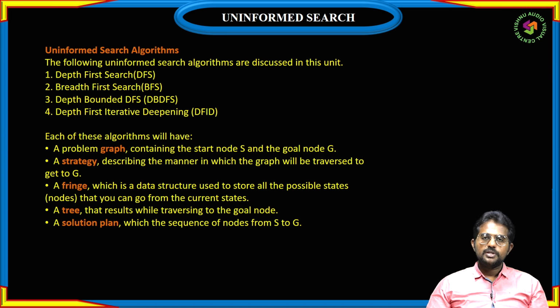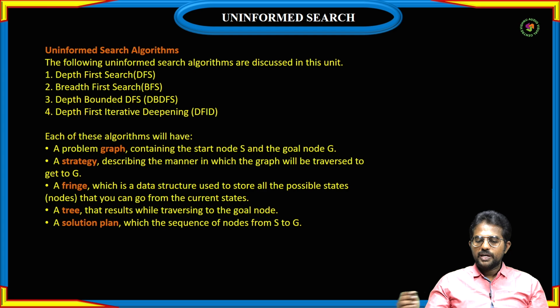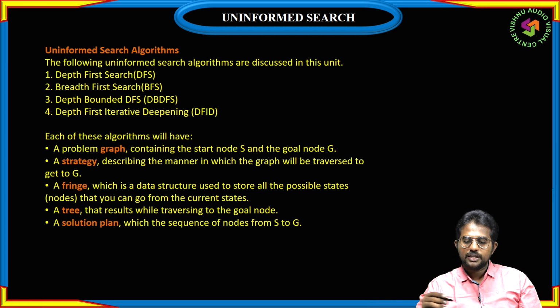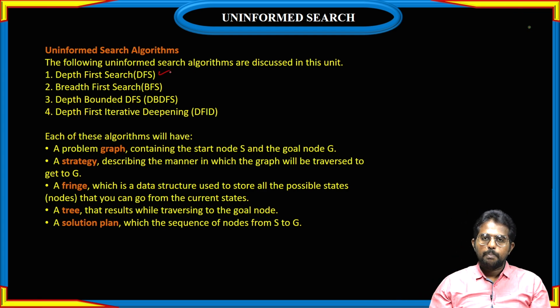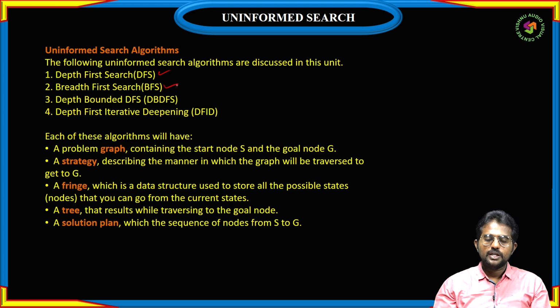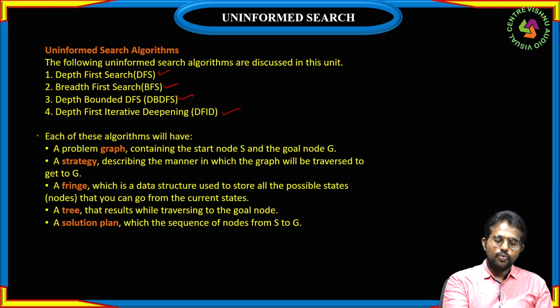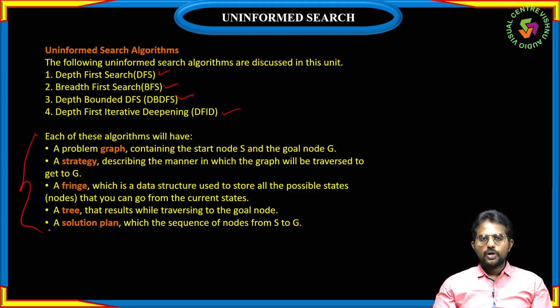In uninformed search algorithms, in this unit we are going to see depth first search, that is DFS, and breadth first search, that is BFS, and also depth bound DFS and depth first iterative deepening. These four are the uninformed search algorithms we will be seeing in unit 1. For all these algorithms we will have a problem graph.